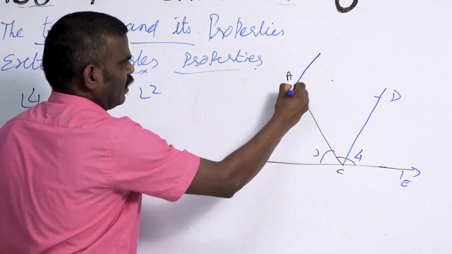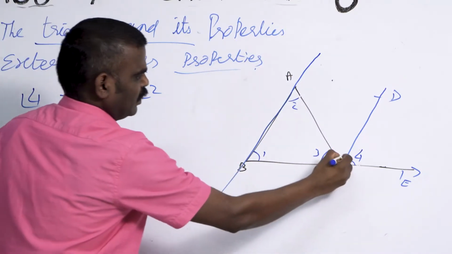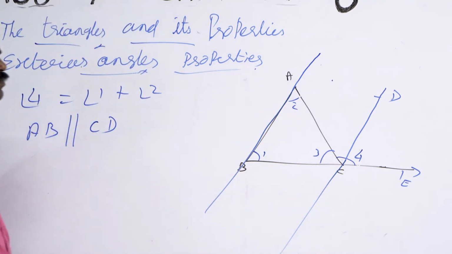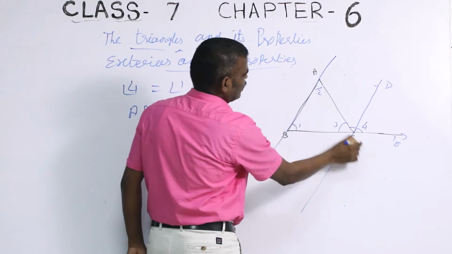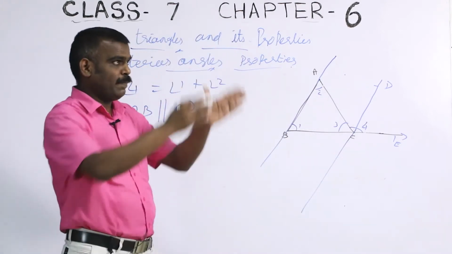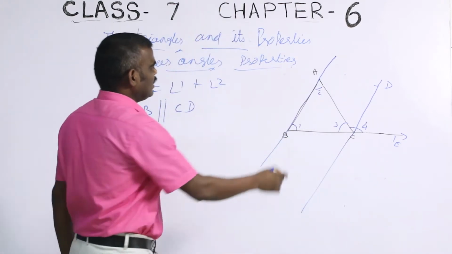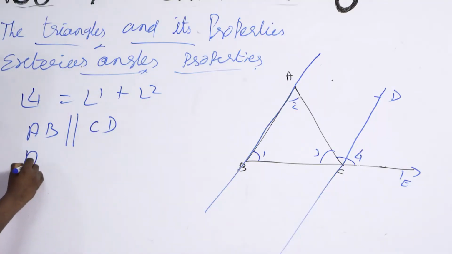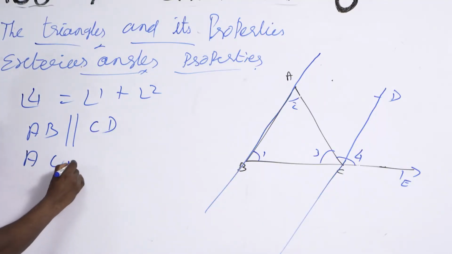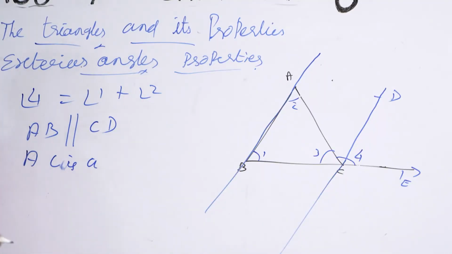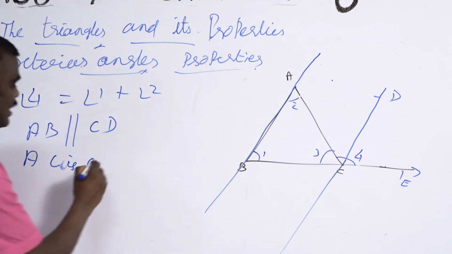That means these are parallel. Then what do you call AC? AB and CD are parallel lines. Then AC is a... I forgot. AC is a transversal.